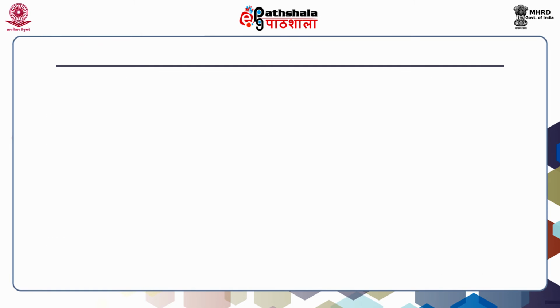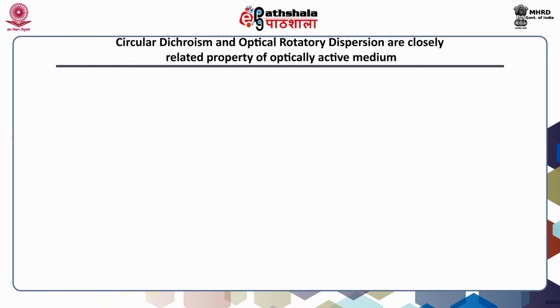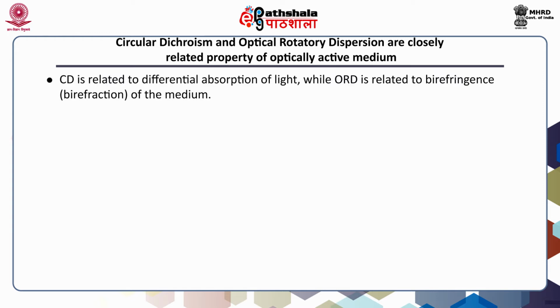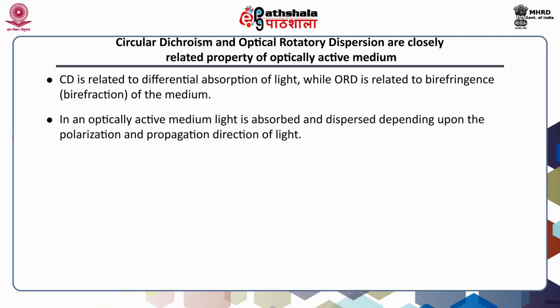As I mentioned earlier, circular dichroism and optical rotatory dispersion are closely related properties of an optically active medium. CD is related to differential absorption of light, while ORD is related to birefringence of the medium. In an optically active medium, light is absorbed and dispersed depending upon the polarization and propagation direction of the light.